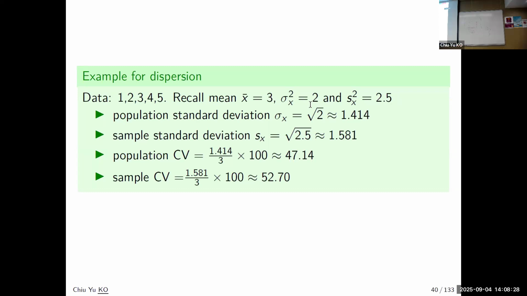Okay, and it makes sense because you calculate a sample. It means that there's actually some randomization of what sample you got. So that's why the variance calculation should be larger. So that's the idea behind. And you divide that by the mean, then you can see how to calculate the CV. Okay, so this is all the simple calculation.